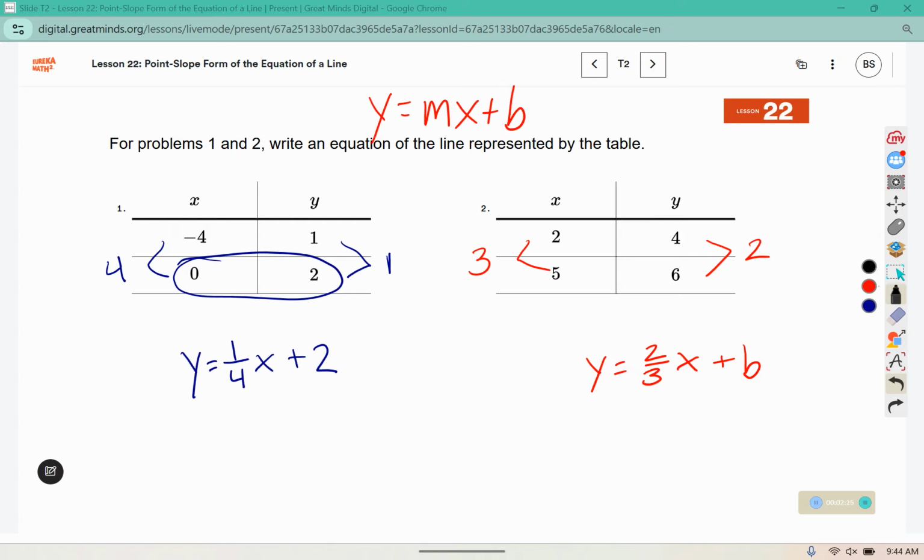I'm going to plug in one of these points to help me figure out what b is. The x is going to go in the x position, and the y is going to go in the y position. Two times 2/3 is 4/3.